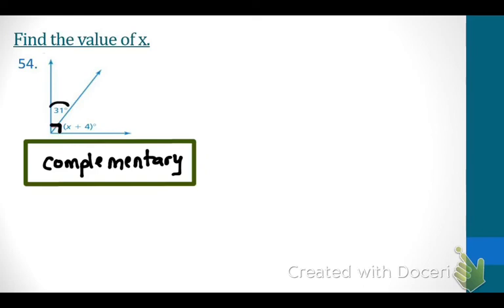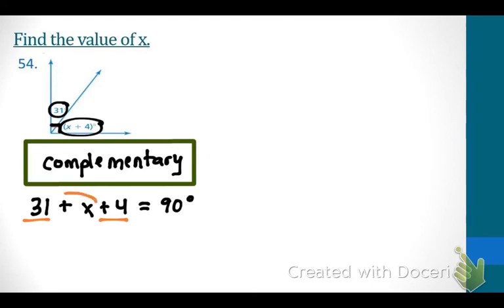So what that's saying is this amount plus this amount is going to equal 90 degrees. So you can take the first one, 31, plus x plus 4 equals 90 degrees. Now, if you look on the left-hand side, these are both constants, and that's a variable. So let's combine those like terms together. Aubrey, what would I do if I'm combining those? You'll add 31 to 4.